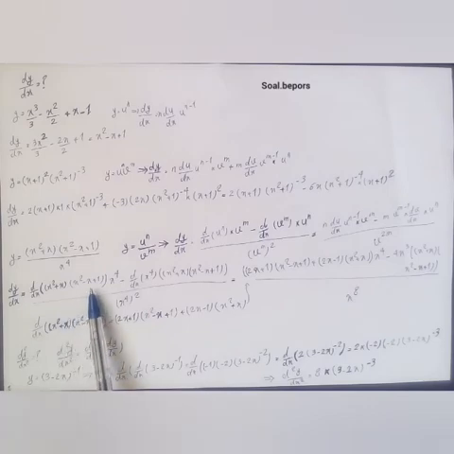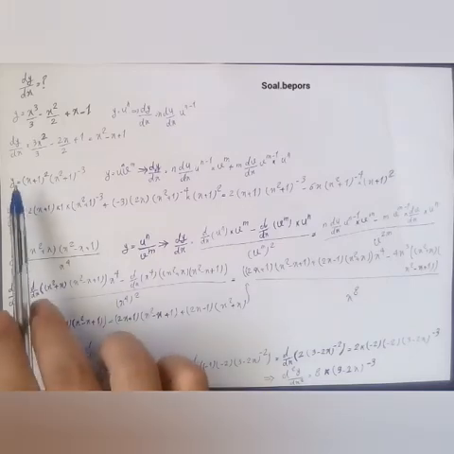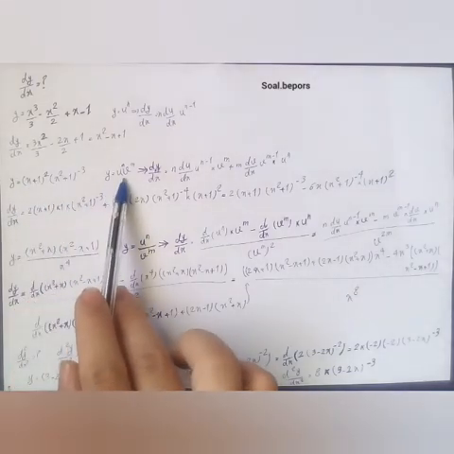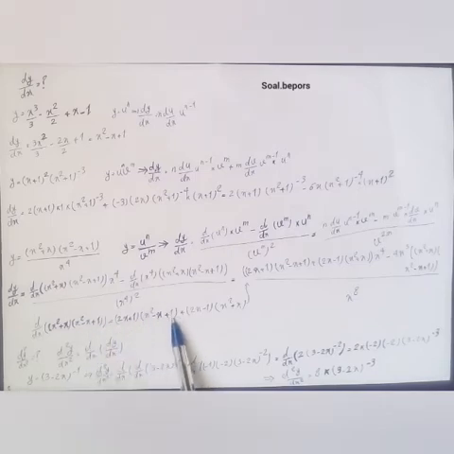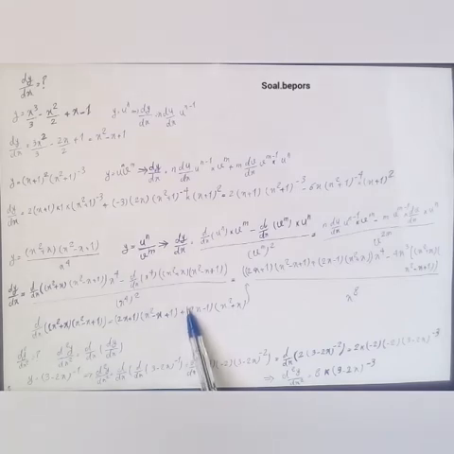For dy/dx of the numerator we use this formula. So dy/dx of function 1 multiplied by function 2 plus dy/dx of function 2 multiplied by function 1.